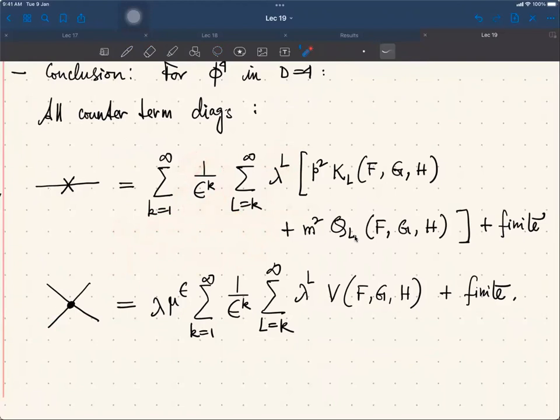For each given pole, I have the loop summation, and depending on the value of the loop, there will be different residues.